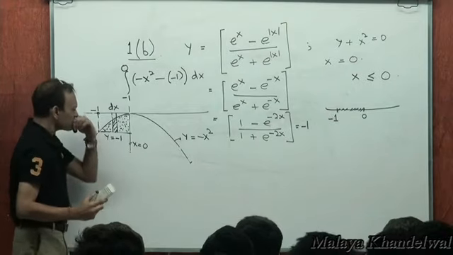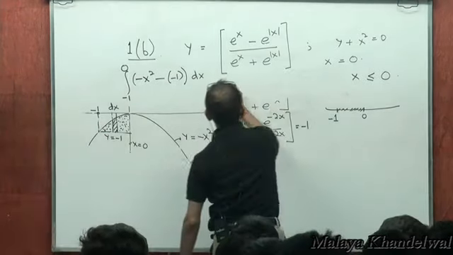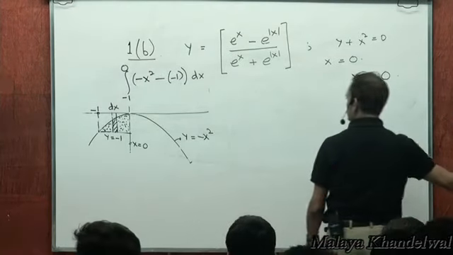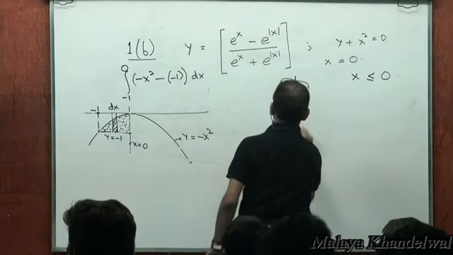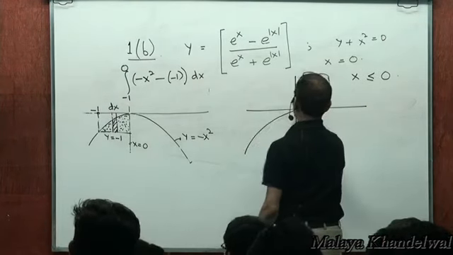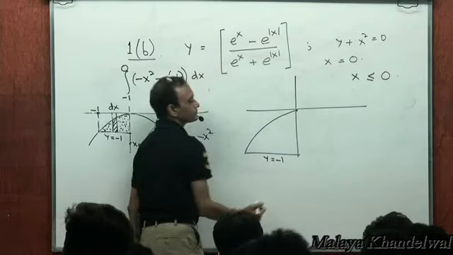You could have also selected horizontal strips. So let me also tell you how you could have dealt with this situation by selecting horizontal strips. This is y equal to minus 1.